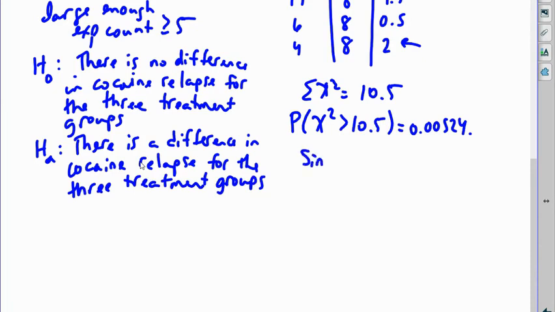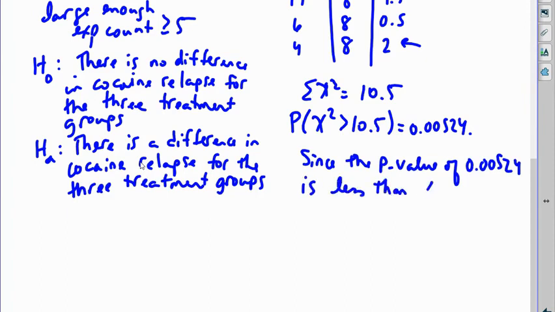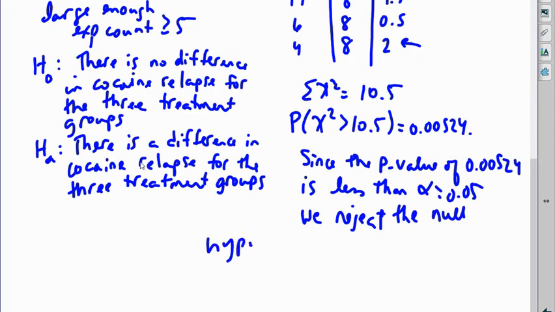Since the p-value of 0.00524 is less than alpha equal 0.05, we reject the null hypothesis.